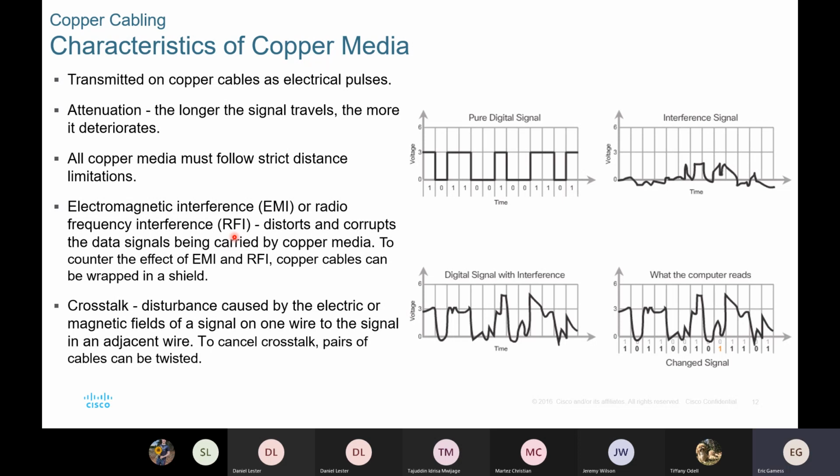Another source will be, for example, if you use a microwave oven. You know that microwave ovens are also based on frequency, no? They emit a wave, and the wave will hit the food that you put inside the microwave oven. Since it's a wave, it has a signal, it has a frequency, it will also interfere with your UTP cable.